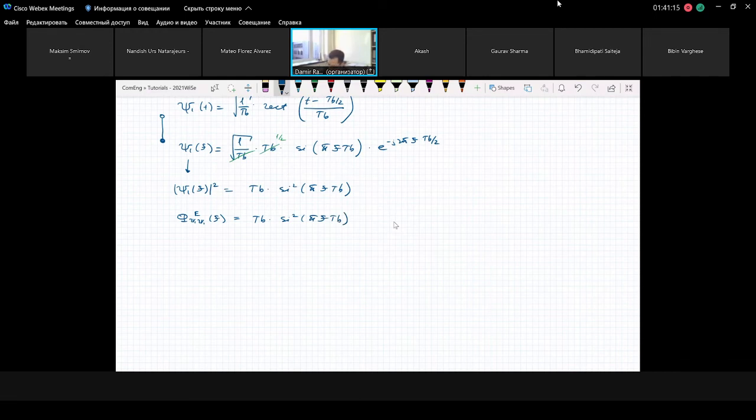So you see that energy spectral density doesn't depend on shift in the time domain. You can shift your signal in the time domain as you want, and the energy spectral density will be the same.